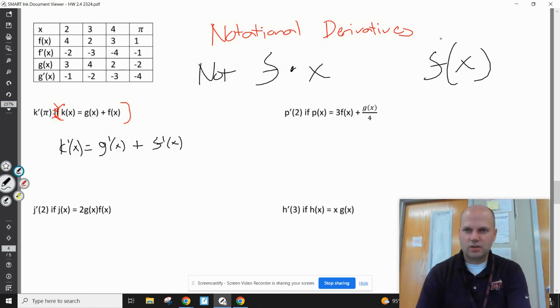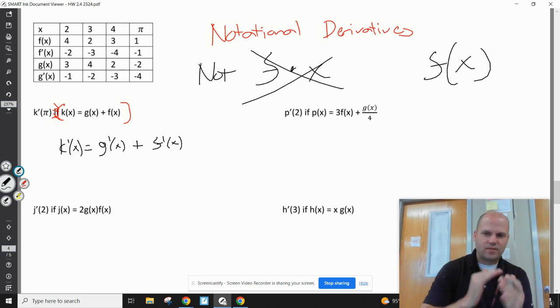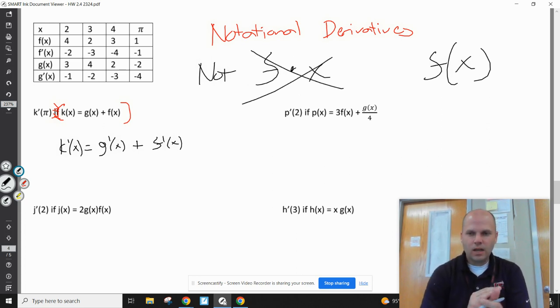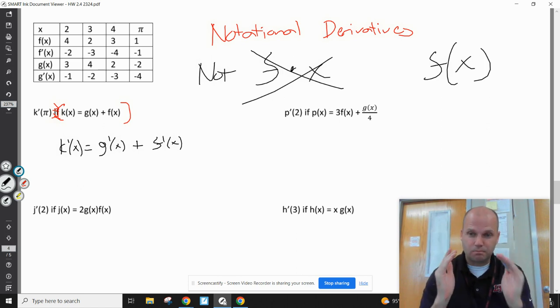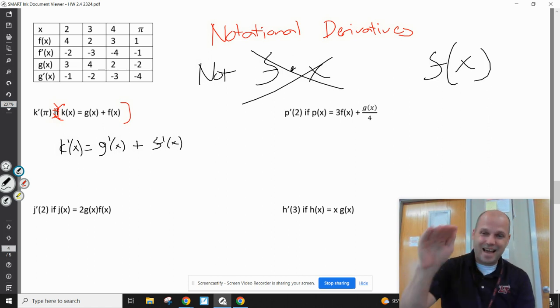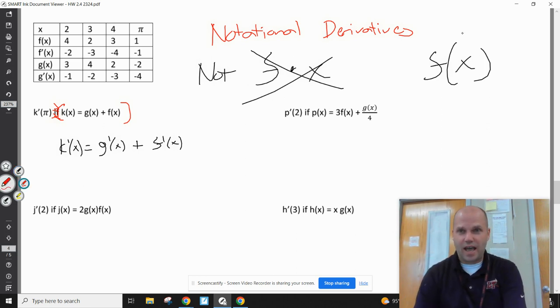This is notation for f using x, not f times x. You don't think of this as f times x. I know you guys are all like, when I see parentheses mean multiplication. Not with function notation. This is just f of x or f using x.